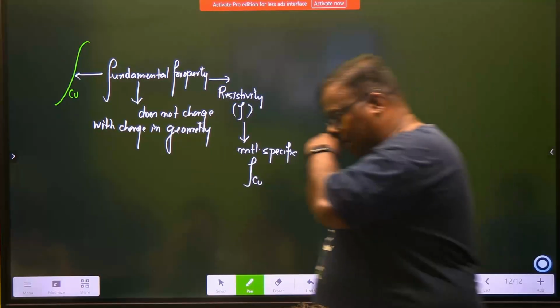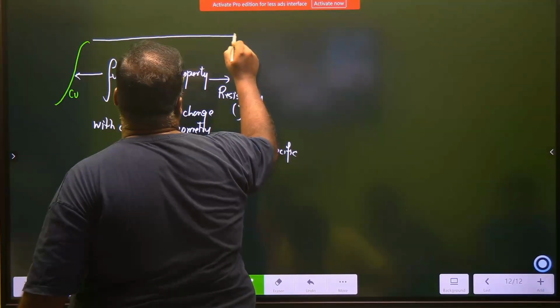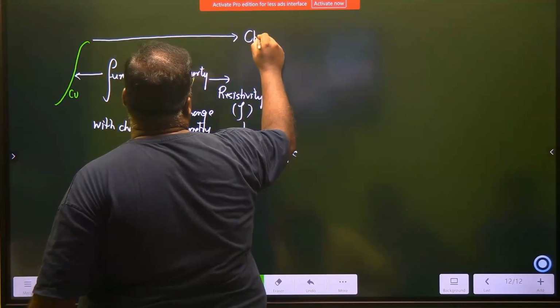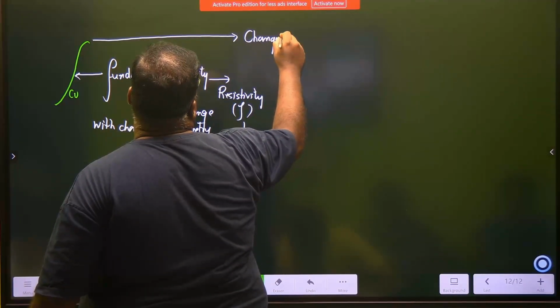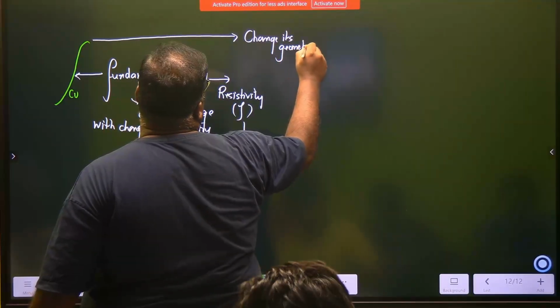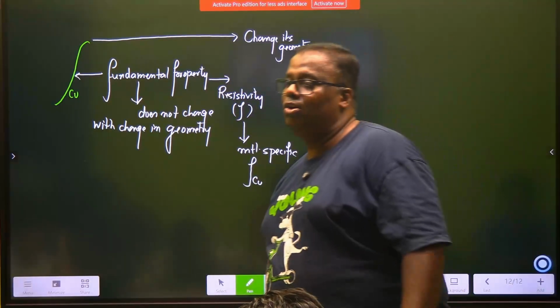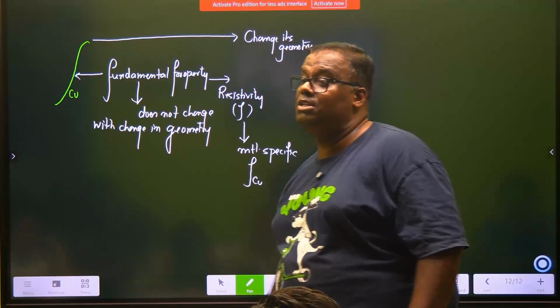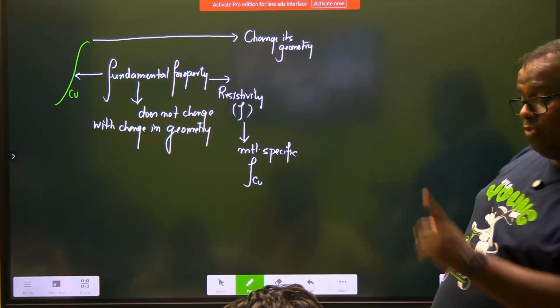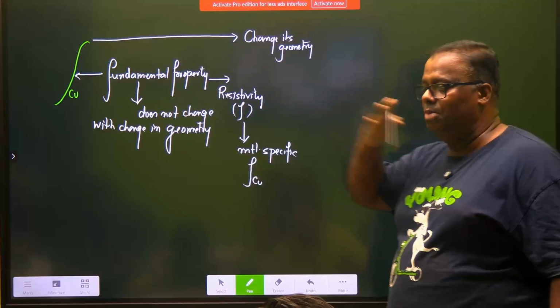Okay. Now what we do, I take this wire and I change its geometry. Okay. Go back to Ohm's law. I had written two conditions: temperature remaining constant and other physical parameters remaining the same. Why we use that word, you'll get to know now. Now, what are you doing? You're changing the geometry.